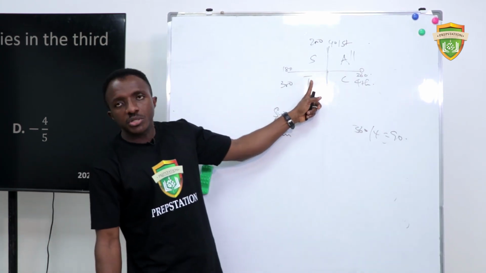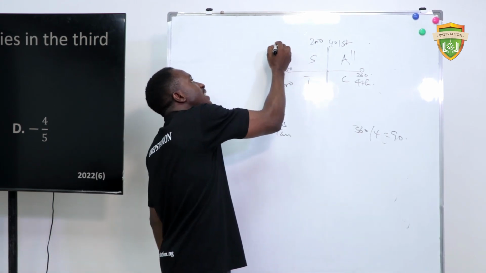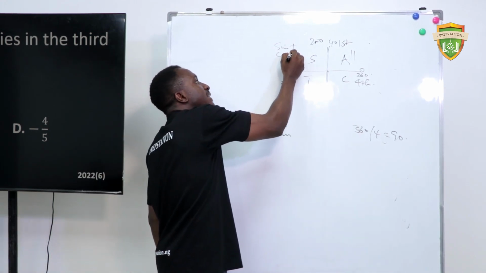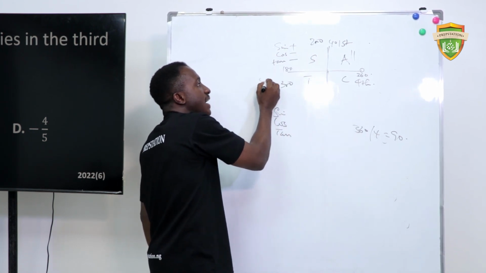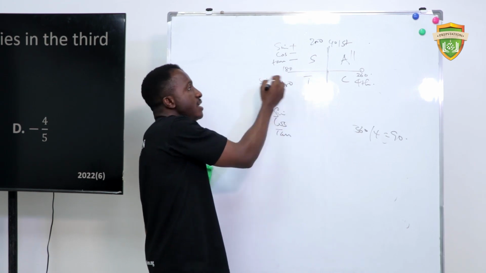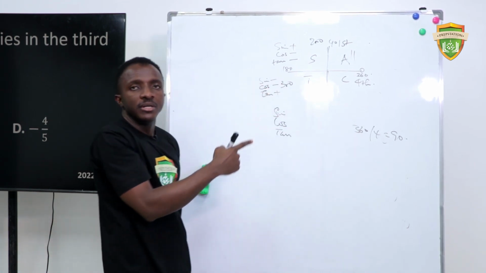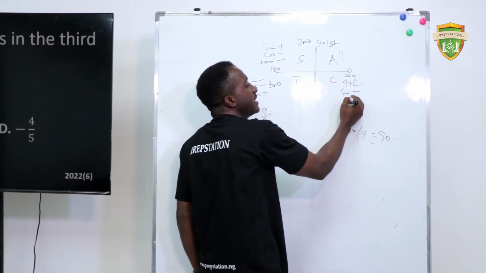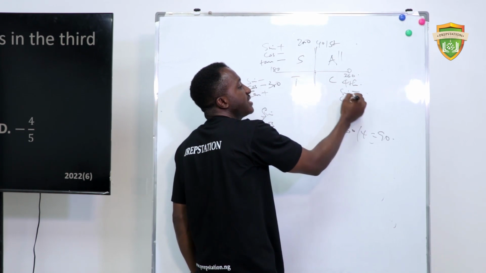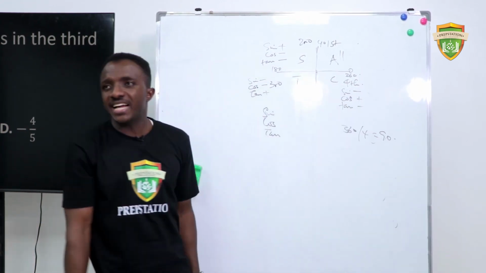So in the third quadrant, that's why you have T. Here, sine is negative, cosine is negative, tangent is positive. So that's what it stands for. And in the fourth quadrant, sine is negative, cosine, because of the C, is positive, and the tangent is negative.